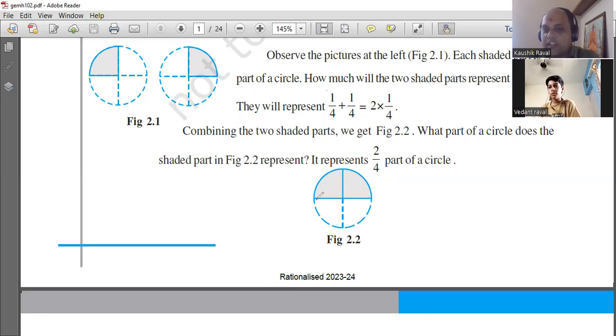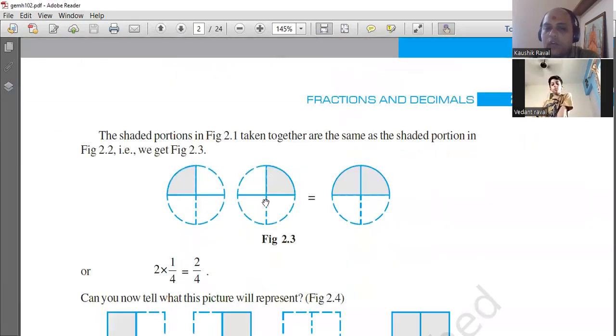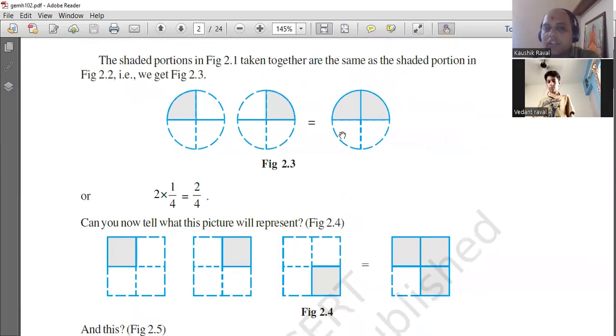Yes, it is half. We can say 1 by 2, 1 upon 2, or half. You have to think about fractions in this fashion.